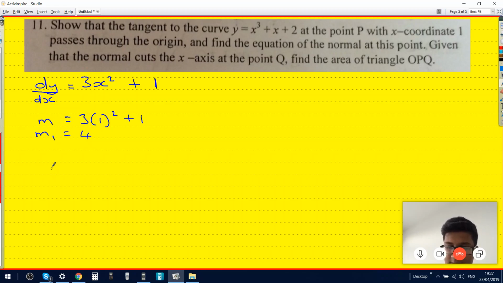And we could say that the m of the normal, m2, equals minus a quarter. We need to show that it passes through the origin when x equals 1.